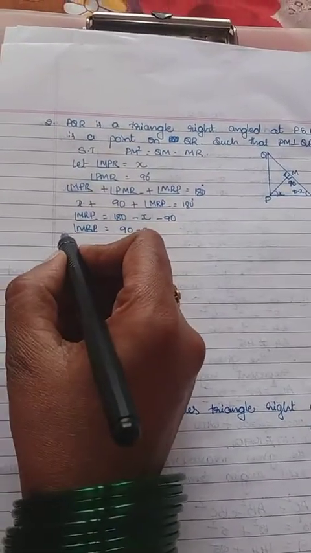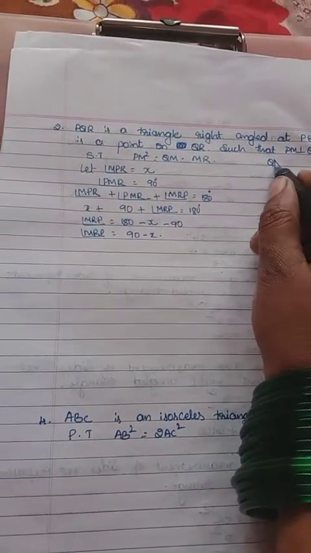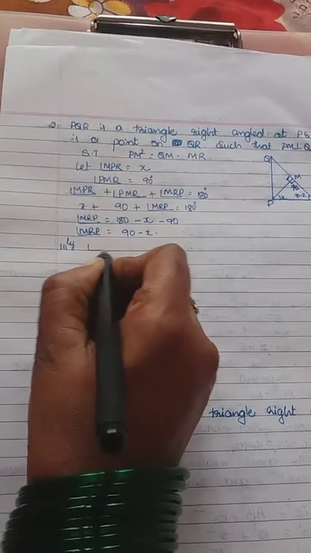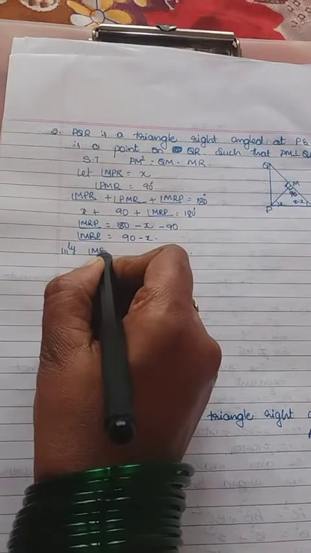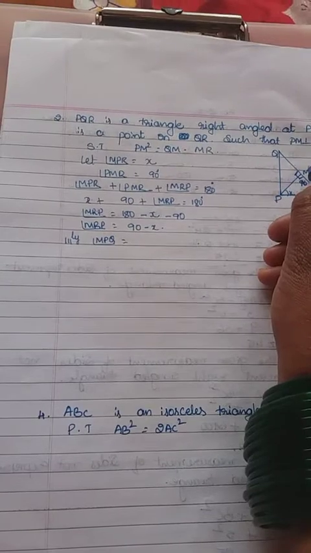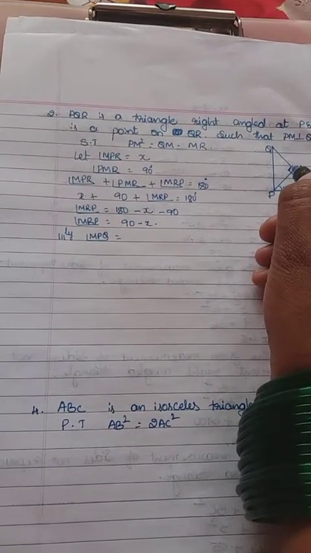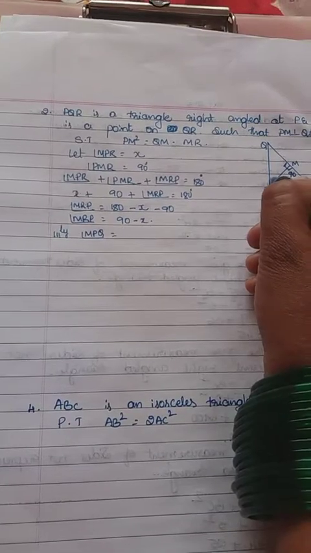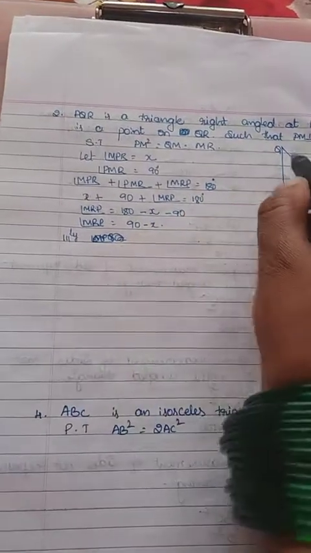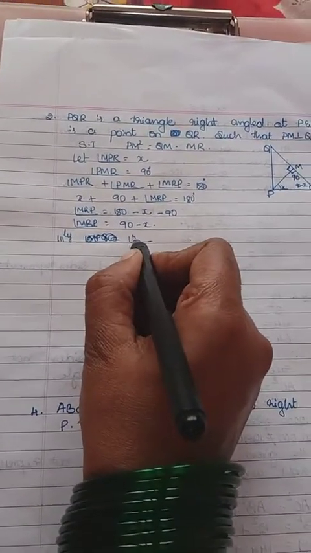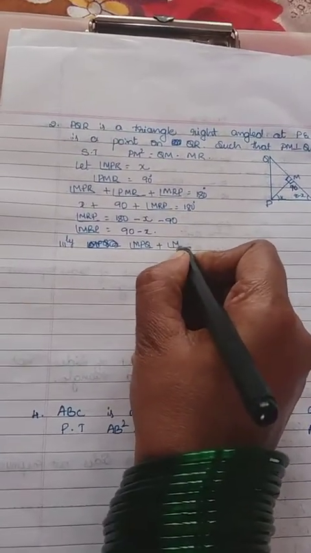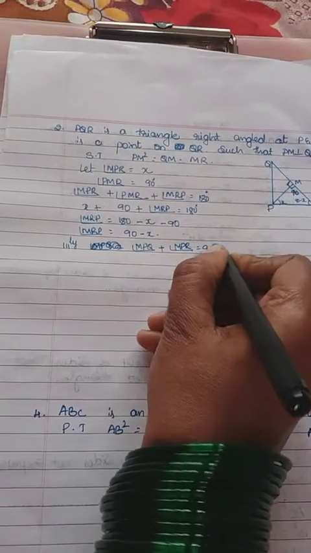Similarly, in the same way, consider angle MPQ. I told you already that both angles MPQ and MPR together make 90 degrees.